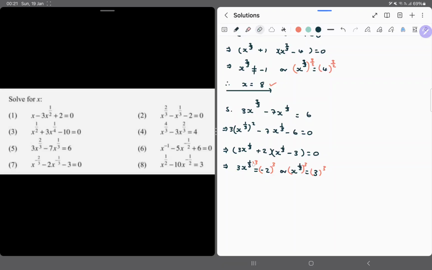Let's not rush it, because we're going to complicate our lives. We don't need to. So this also implies that x to a third, let's isolate this, is going to be minus 2 over 3, or x to a third is 3. Now we can do it.